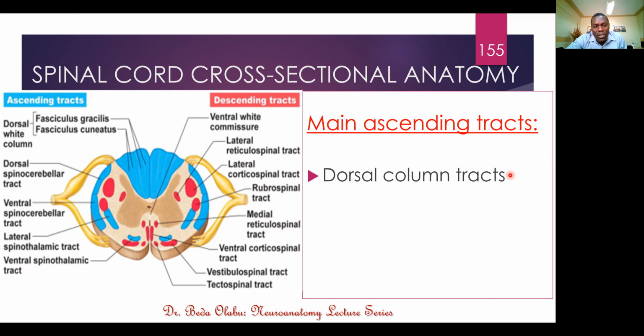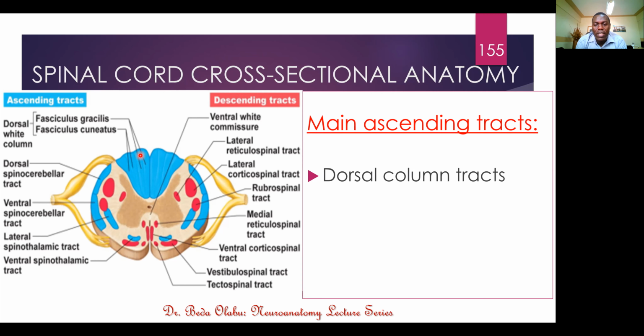We actually call them the dorsal column tracts, and they are responsible for the following kind of sensations: vibration sensation, proprioception, fine touch, and what we call 2-point discrimination.